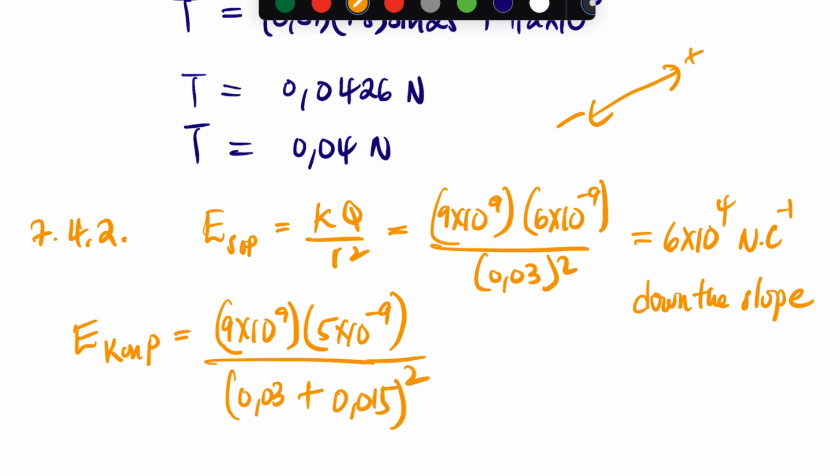When I punch that in the calculator, the answer is 2.22 times 10 to the power 4 newtons per coulomb.